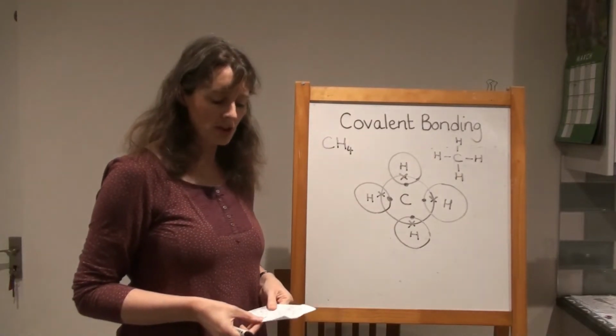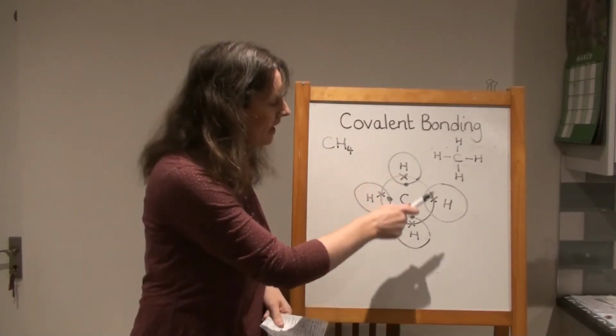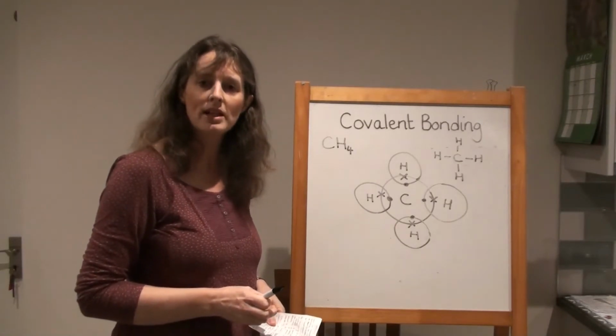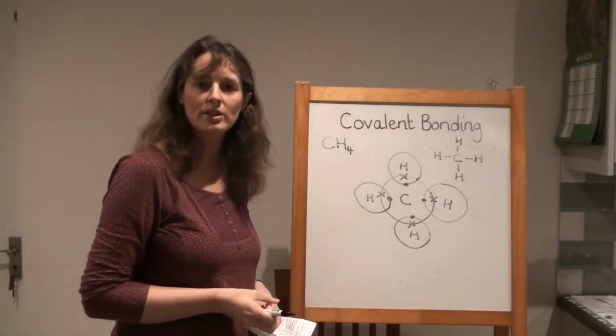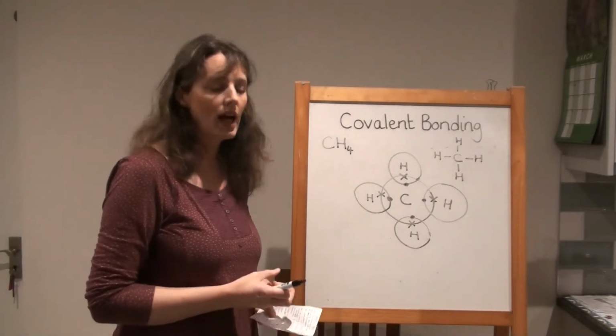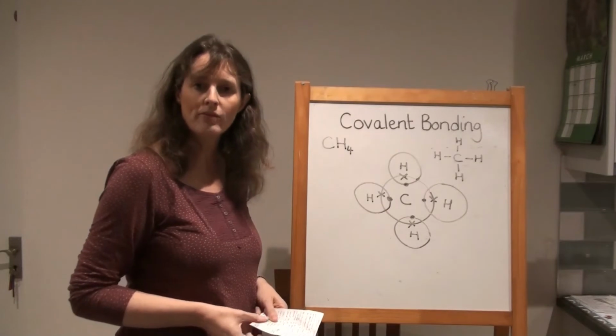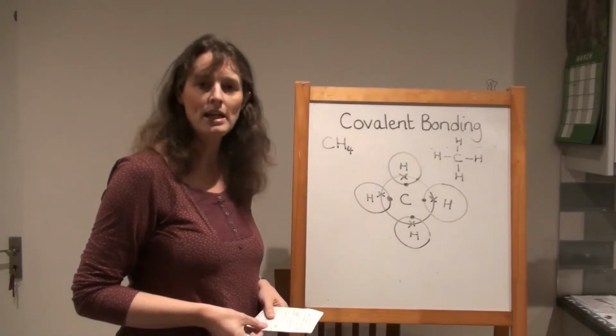So what I want to do is to think about the fact that there are going to be a very limited number of possibilities for how different elements can arrange their electrons and share electrons with other atoms depending on which group they've come from in the periodic table.